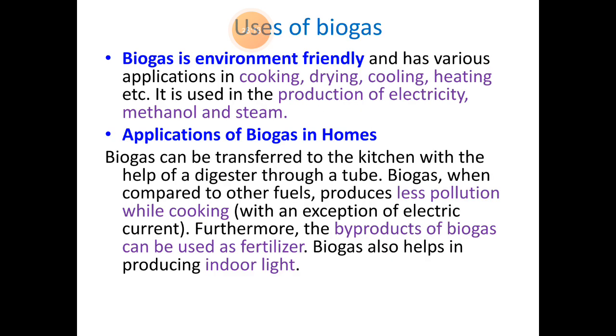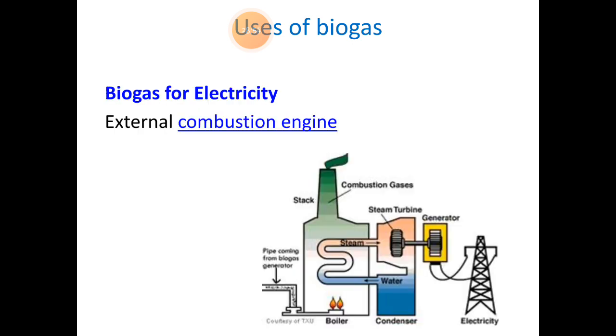Coming on to the applications of biogas. It is an environment friendly energy resource because it reduces garbage formation and produces flammable gases like methane and carbon dioxide. These gases are used for cooking and heating purposes in the household, and also to generate electricity. It produces fewer pollutants, and the leftover waste is used as fertilizer or manure later.